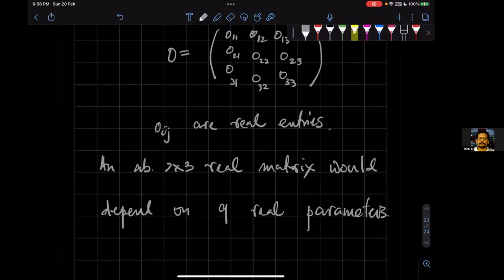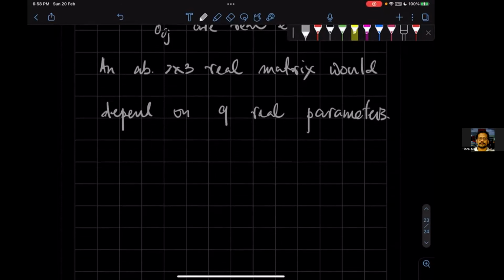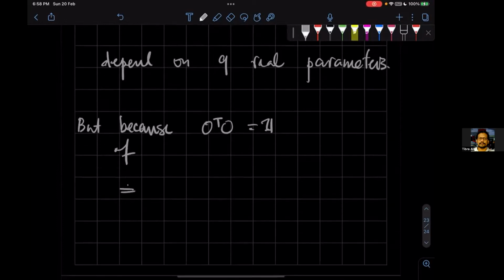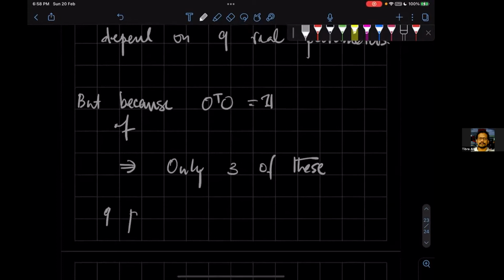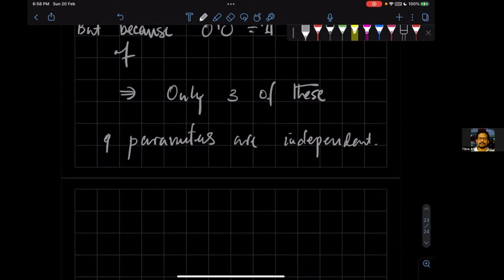But because of the conditions on O, because of O transpose O equals 1, only 3 of these 9 parameters are independent. Okay. So these are the parameters, the parameter space.